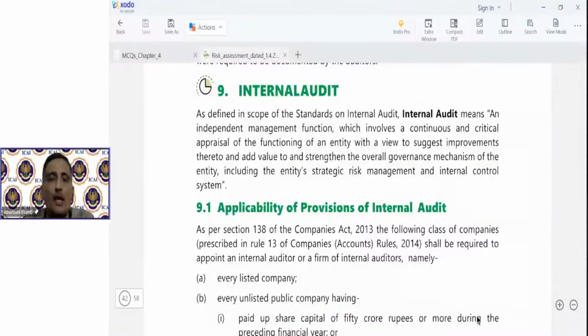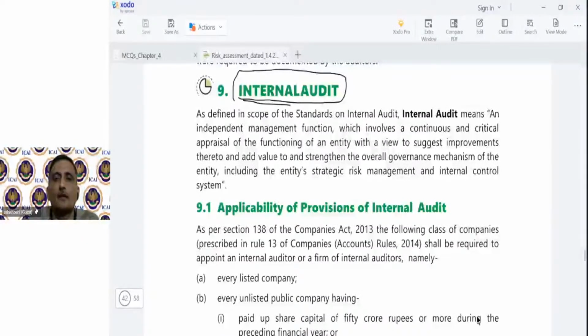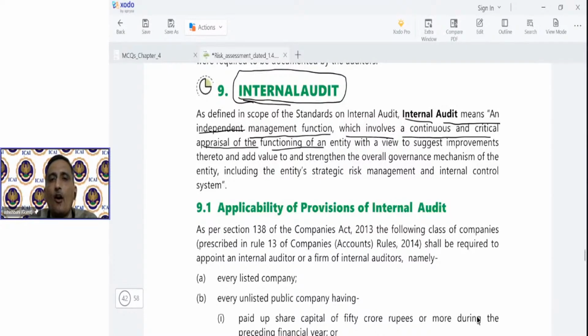We are at page number 4.42 of your module. So internal audit. So what does internal audit mean? Internal audit means an independent management function which involves a continuous and critical appraisal of the functioning of an entity with a view to suggest improvements thereto.